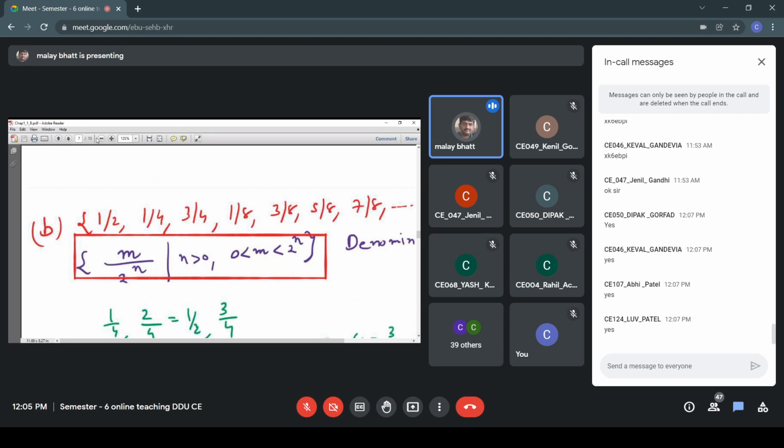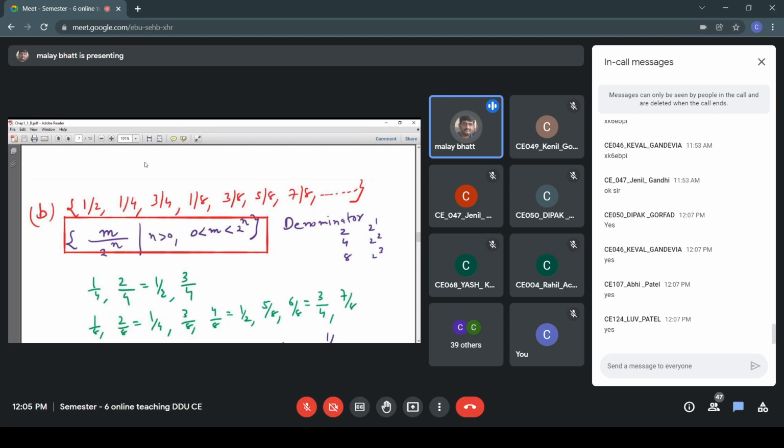So again it is an infinite set, and we want to represent this infinite set. Now if you observe the denominator over here, it is 2, 4, 8, right? So it is always a power of 2. So 2^1, 2^2, 2^3, like that. That's why in the answer we are writing 2^n as the denominator, where n is greater than 0.